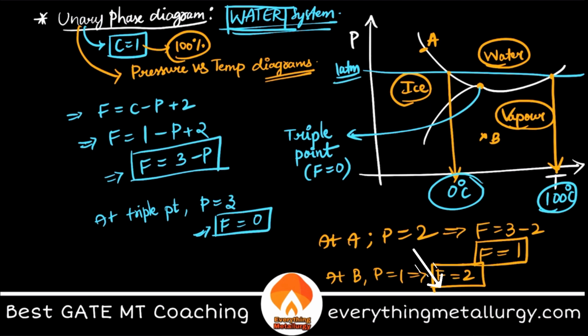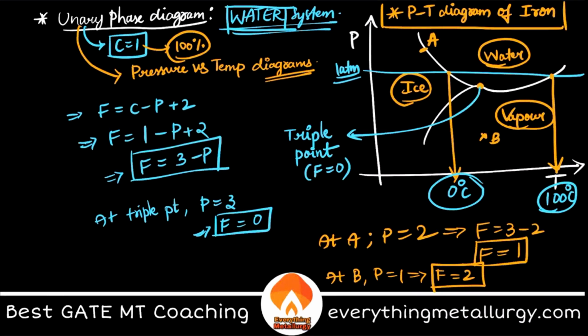One thing before moving on, I want you guys to go and study the unary phase diagram, which is the PT diagram of iron. In iron, we know alpha, gamma, delta, there are different phases present.